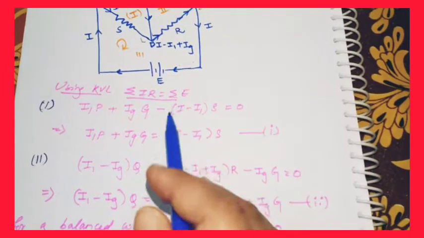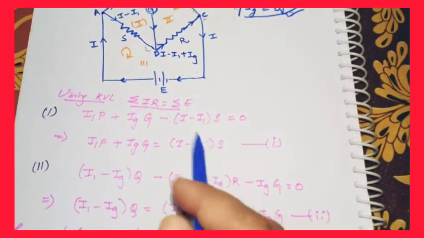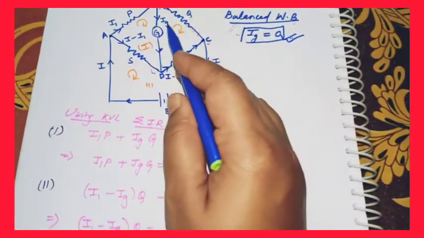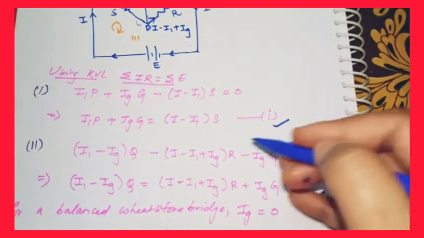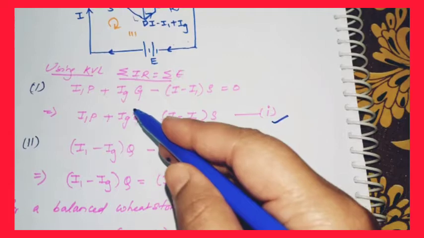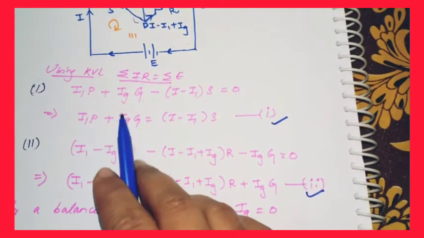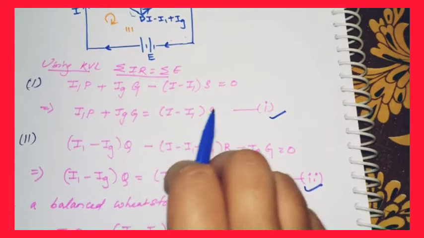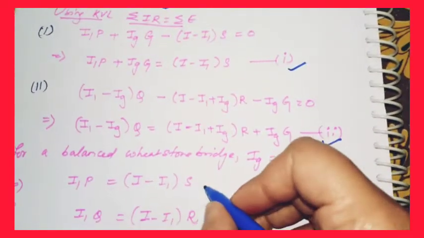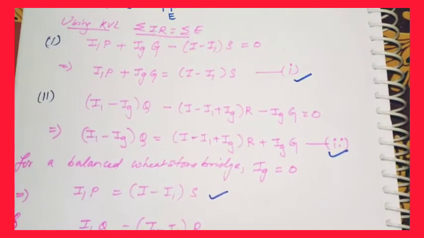So students, what is the condition for the Wheatstone bridge to be balanced? The current Ig should be 0. So for equation 1 and equation 2, let me substitute Ig to be 0. If Ig is 0 in equation 1, then I have I1P equals (I minus I1)S.